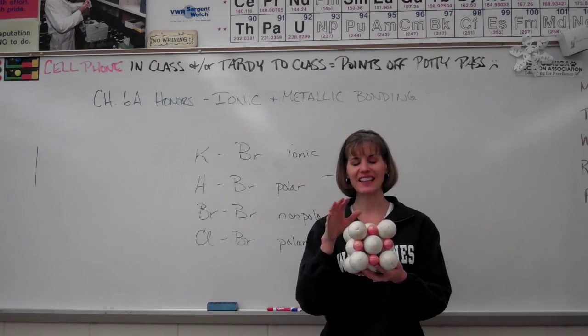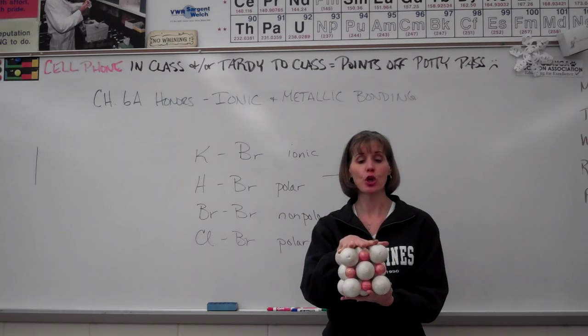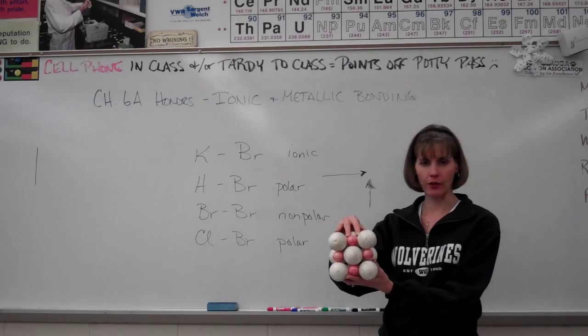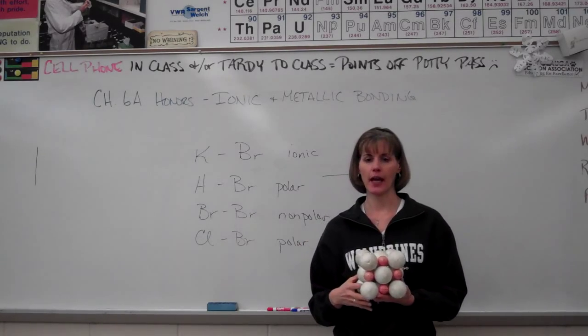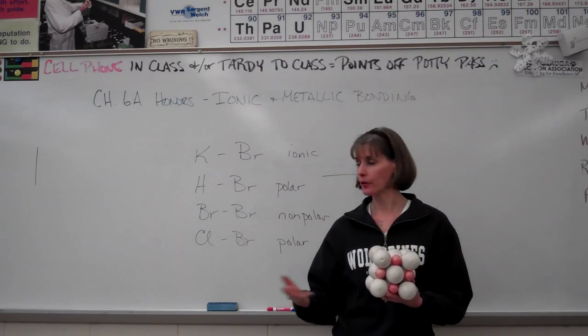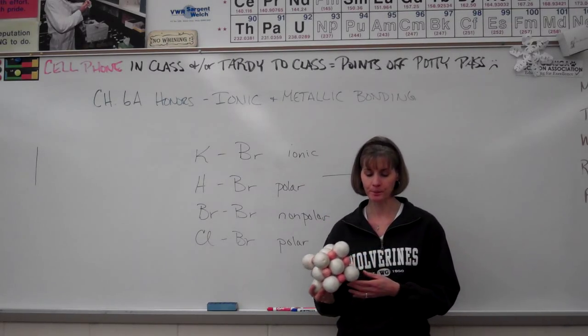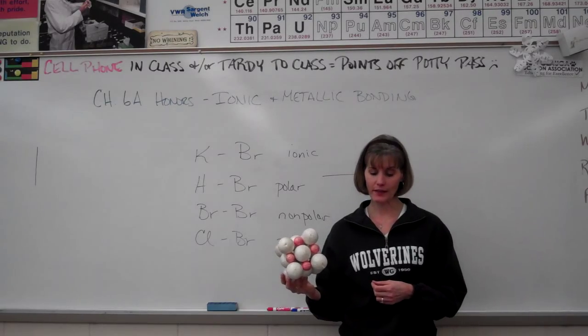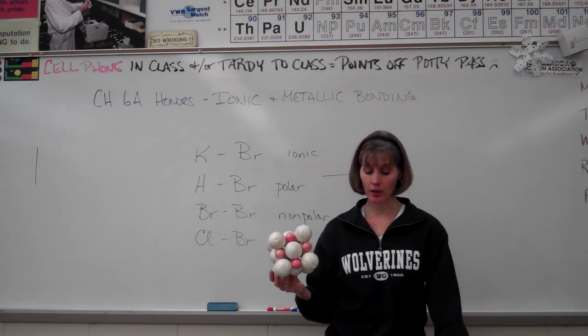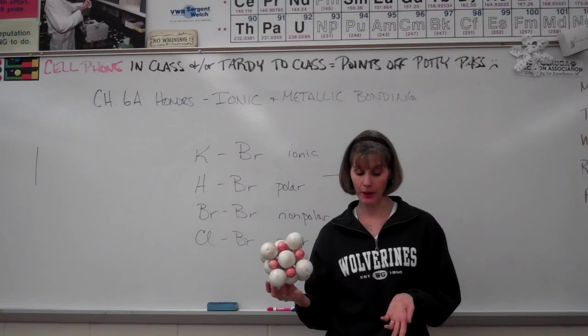Well, if the lattice energy, the energy holding this crystal together, is greater than holding some other crystal together, which I don't have another model of, so you'll have to kind of envision one, then what can we say about compound A compared to compound B?